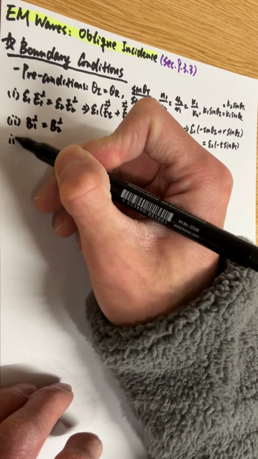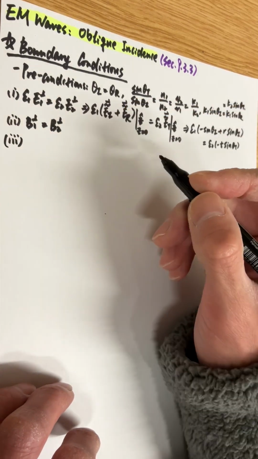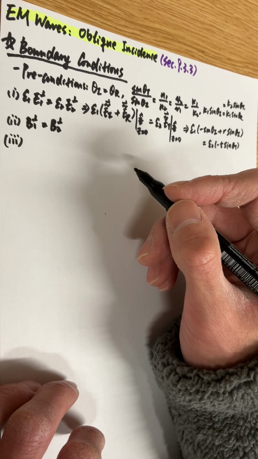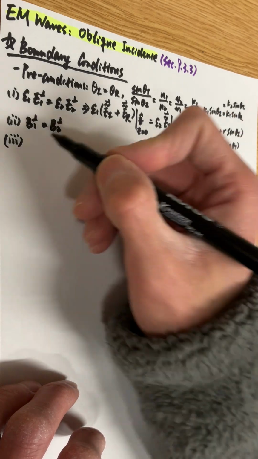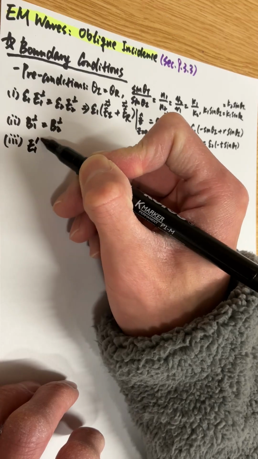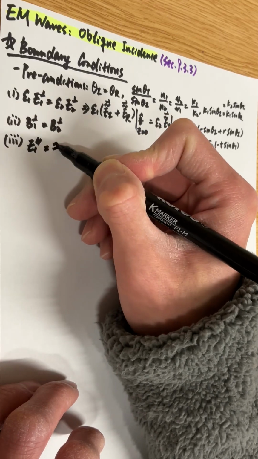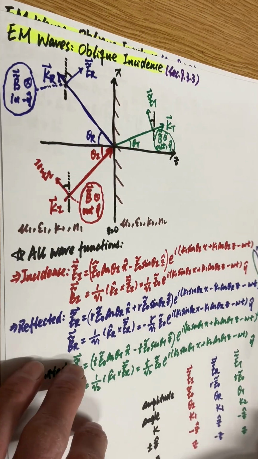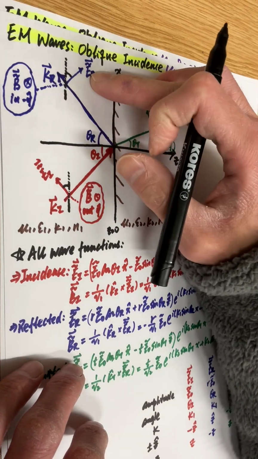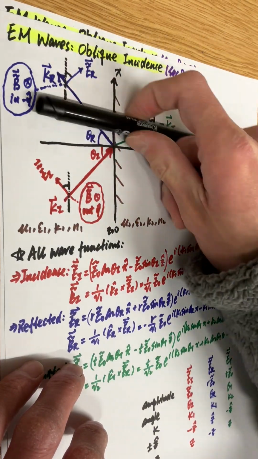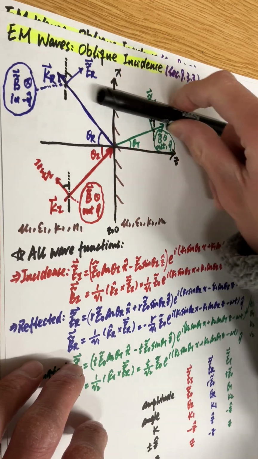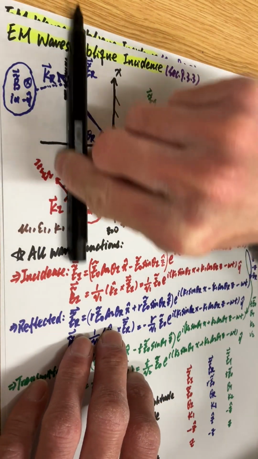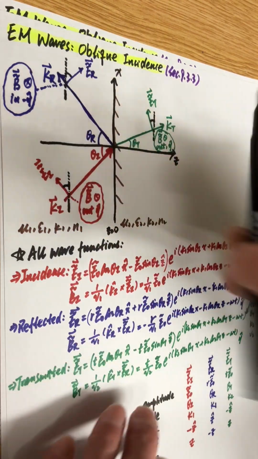And then third boundary condition, we have E1 parallel component equals E2 parallel component. So for all the electrical fields, we have X component and Z component. Z component is the normal component to the surface, and X component is the component that's parallel to the surface.